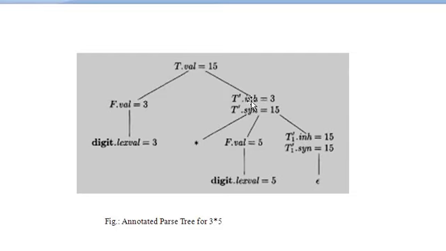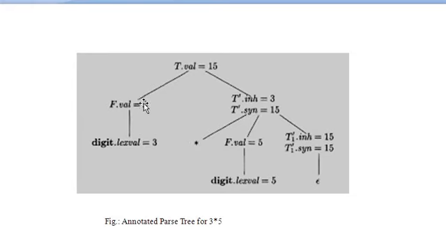T dash dot inherited attribute comes from its left sibling, which is 3, and T dash dot synthesized attribute, which is 15, because 3 into 5 is 15, comes from its children, so it's a synthesized attribute.